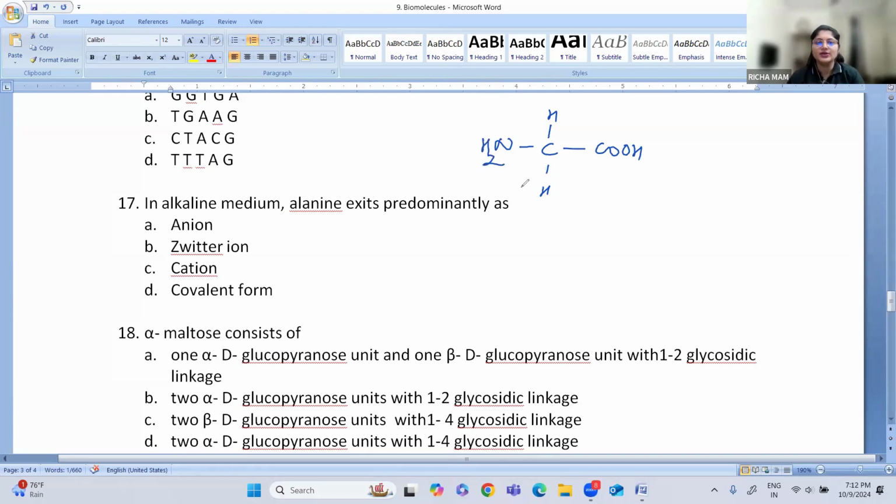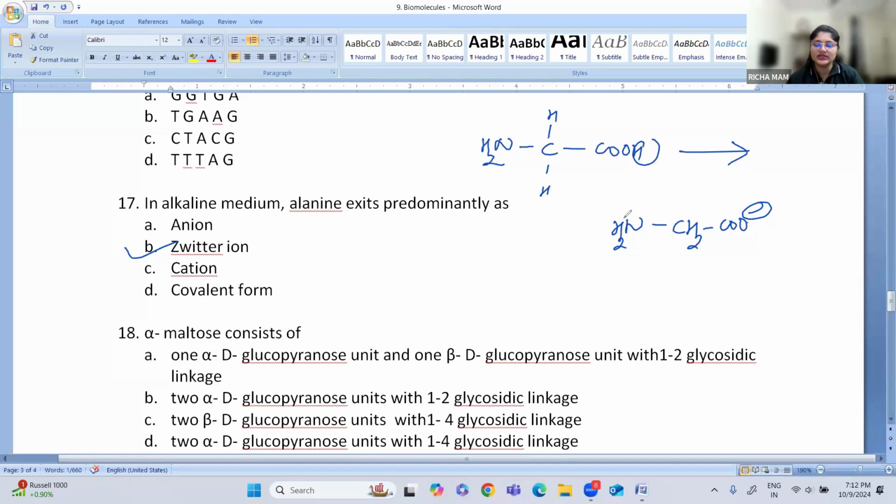So in alkaline medium, okay, what will be the pH? The pH will be high. So you will get NH2, CH, and COO minus. So what is it forming? It is forming a Zwitter ion. Okay, it gives a proton.